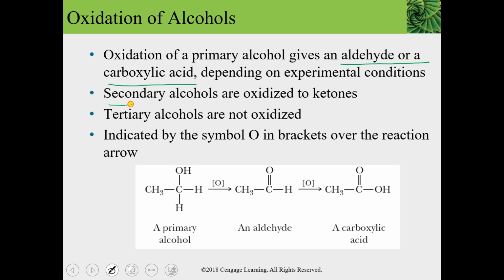We talked about secondary alcohols being oxidized to ketones, and tertiary alcohols are not oxidized at all. Why? Because they're perfectly stable and they don't need to be. So we're only talking about oxidation of primary and secondary alcohols. The primary will become an aldehyde or a carboxylic acid, depending, and the secondaries will go to ketones.